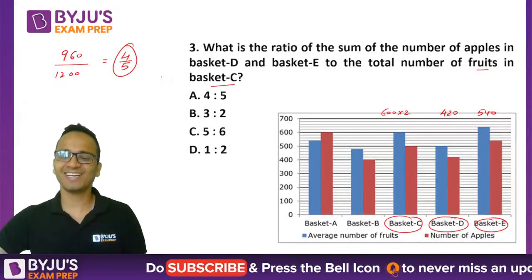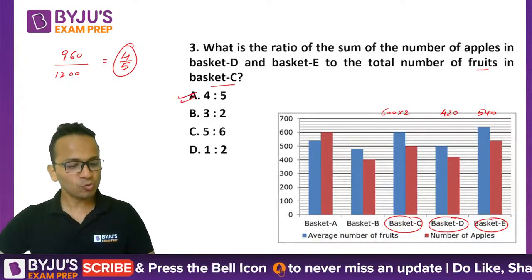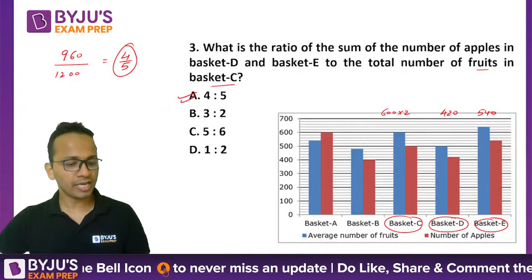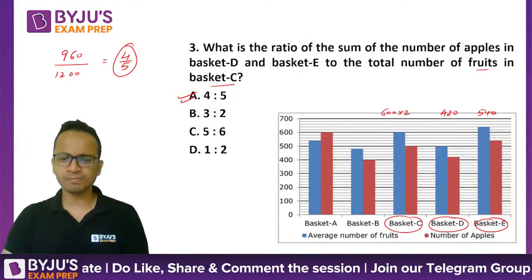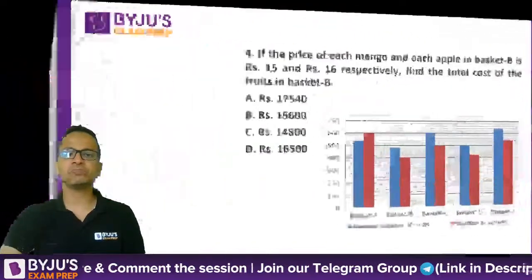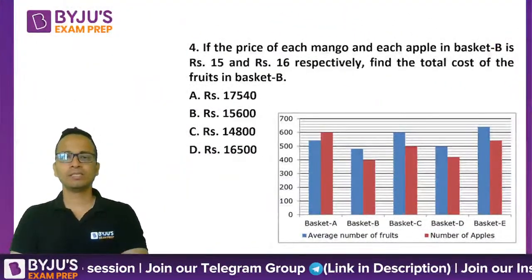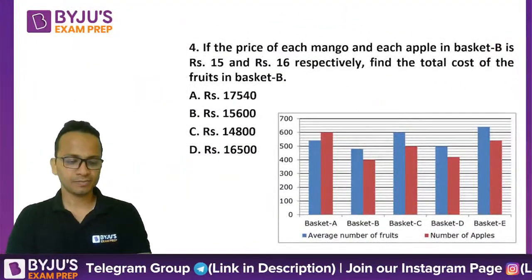So yes, the correct answer, majority of students have given this answer. Option A, 4 is to 5. Wonderful, great. So that was pretty easy one. Let's move towards the next question, question number 4. This will be slightly difficult.